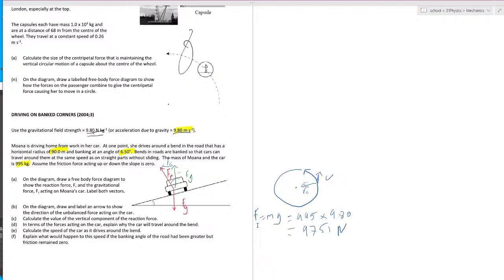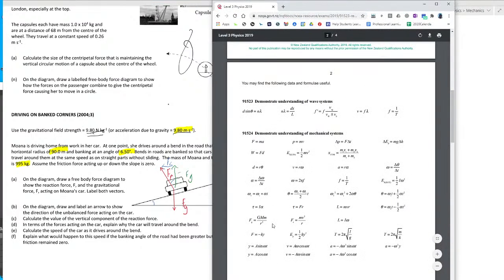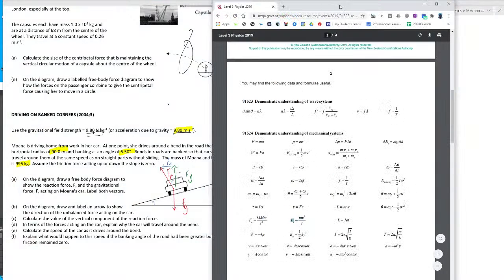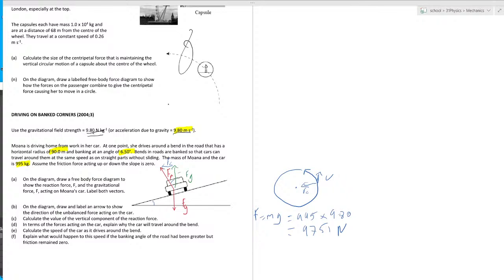Okay, calculate the speed of the car as it drives around the bend. So what have we got? Our formula for this one is going to be the centripetal force is equal to the mass times the velocity squared over r. So we just need to rearrange it. Let's have a look. I'll just bring that back up again so I don't lose it.